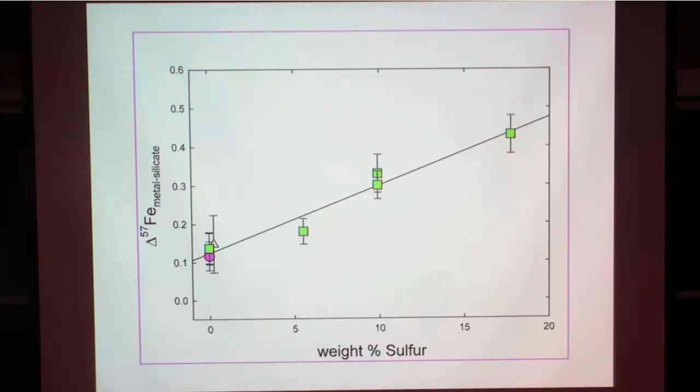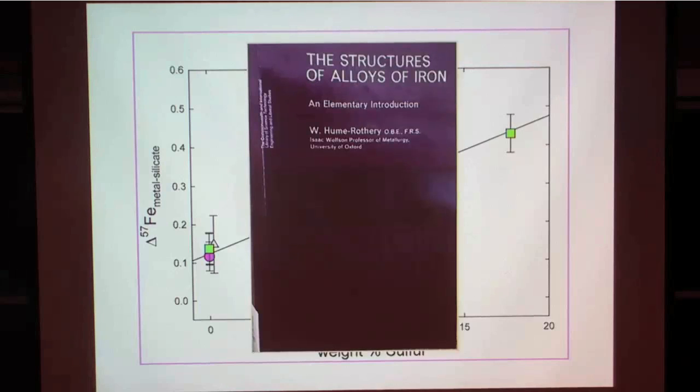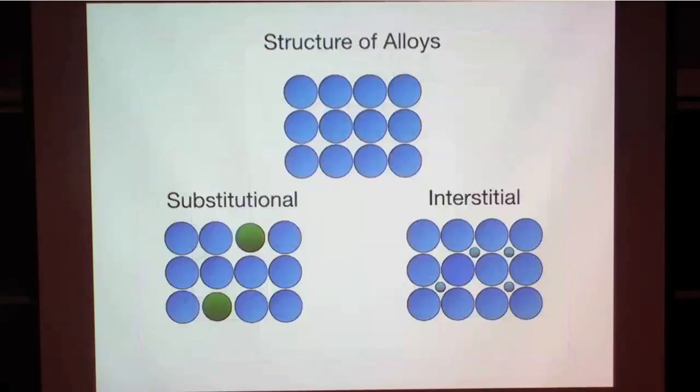And remember I told you mineralogy is very important, right? So as Uli was saying earlier, a lot of this work was done for metallurgy, right? So what do you do when you don't know what's going on? You go back into the literature, right? And you pick up a textbook on metallurgy because they understand much more about the structures of alloys than I do. And you read this book. And what you find is that there are two different kinds of alloys, or substitutions in alloys.